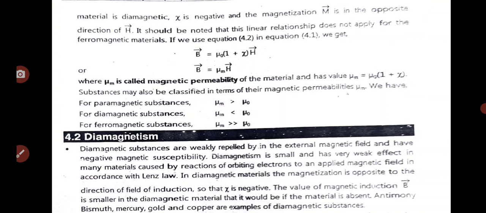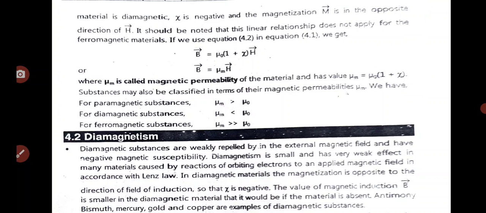In a diamagnetic substance, the magnetic permeability is less than the permeability of free space, and in ferromagnetic material the magnetic permeability is much greater than that of free space. This is the classification of paramagnetic, diamagnetic and ferromagnetic substances.